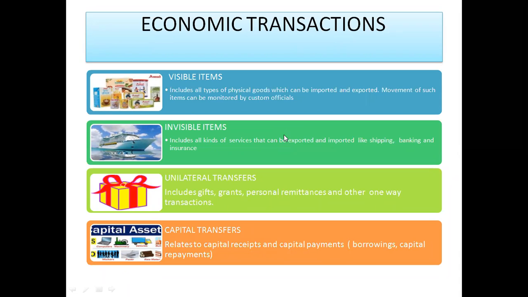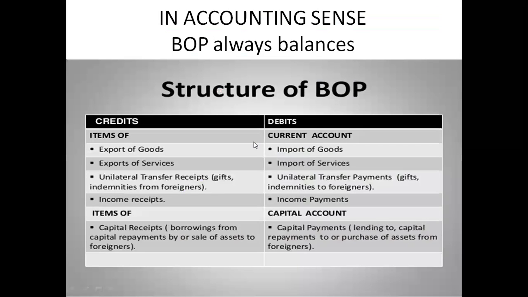Suppose I have gifted some land and building to my cousin who is residing in USA. So that is my transfer given to the other country, right? That is also part of unilateral transfer and economic transaction, because that is related to money, right? Then capital transfers. Capital transfers means the capital nature transactions, irrespective of the regular activities, which basically involve increasing or decreasing the asset or liability of the government, right?